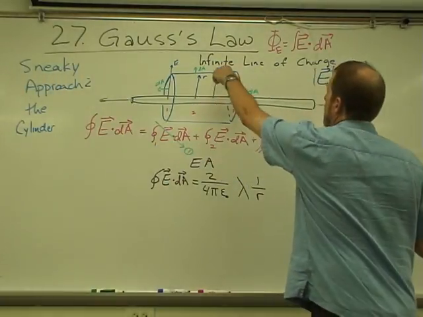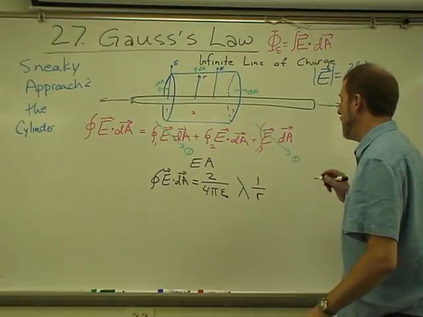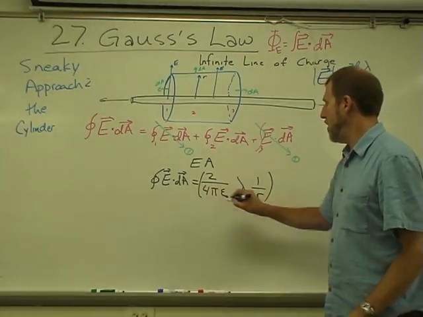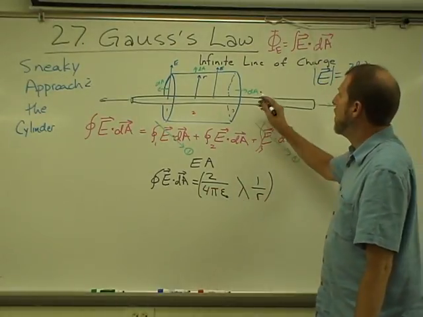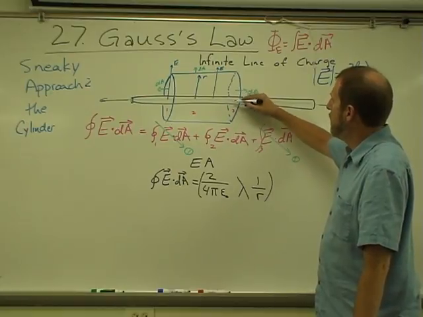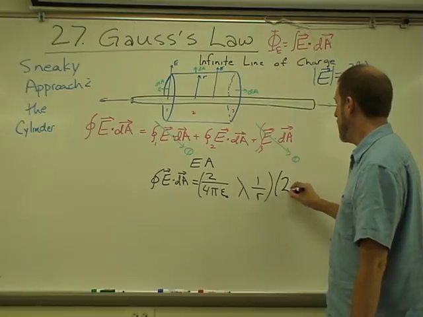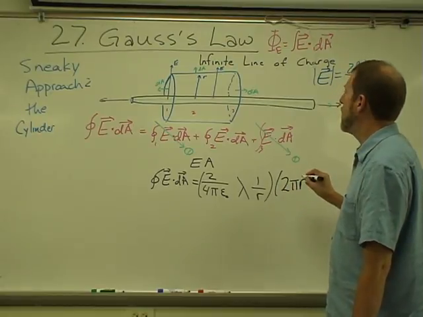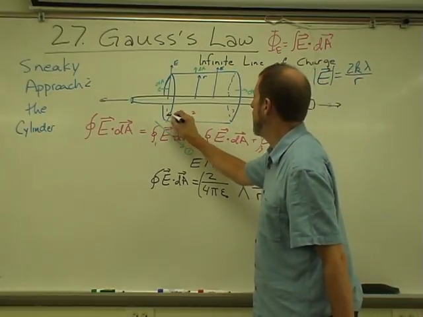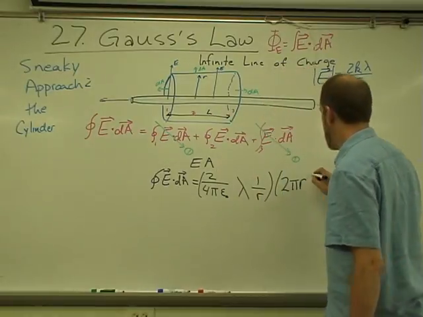And the area for this cylinder is, okay, the circumference of this circle, 2 pi r, times its length L.